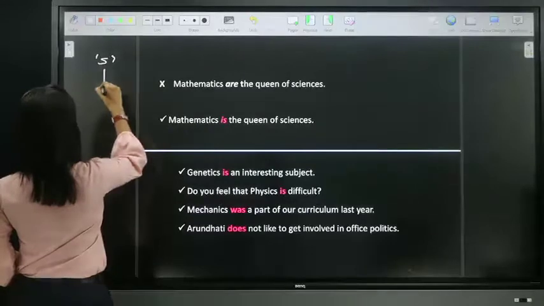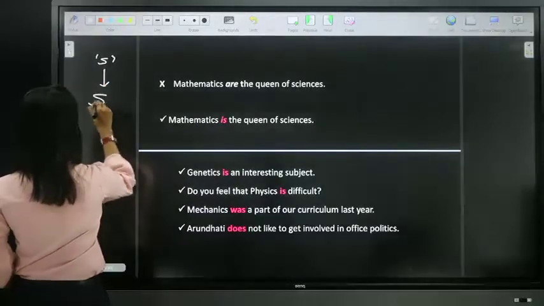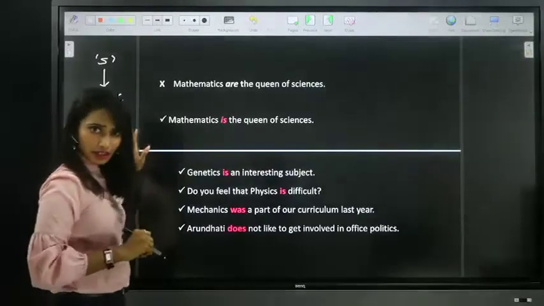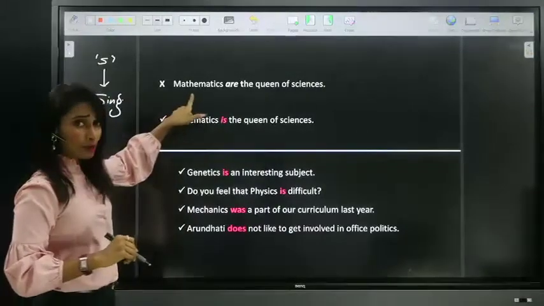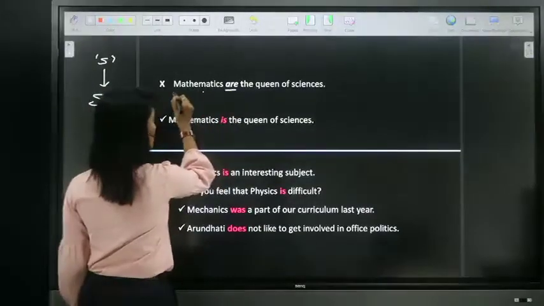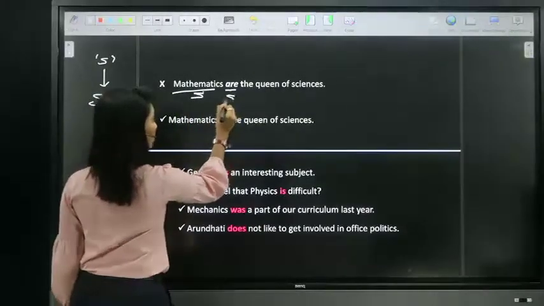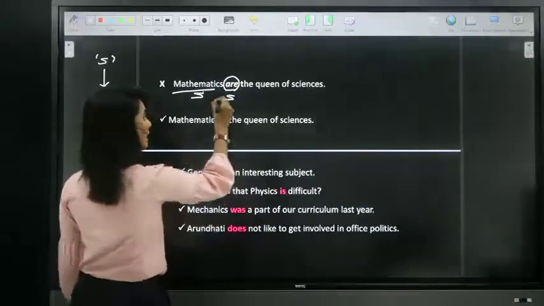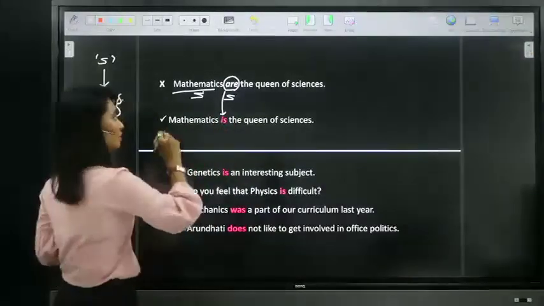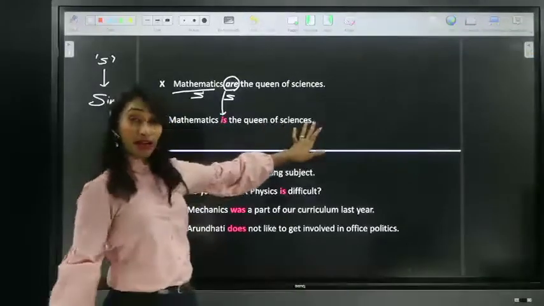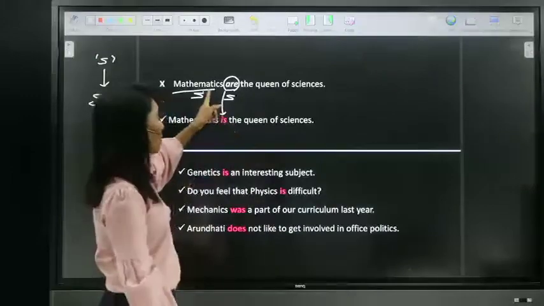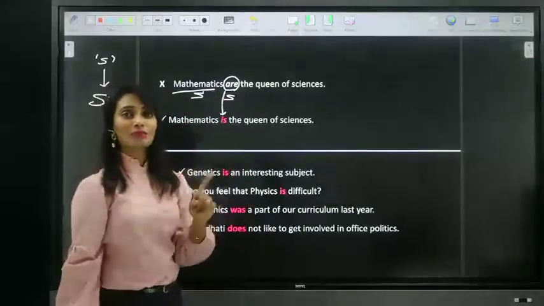Such nouns which end with S are considered singular entities. So, is mathematics singular or plural? It is singular. So, a singular subject requires a singular verb. But here the verb is plural. Hence, make it singular. Use is. So, mathematics is the queen of sciences because mathematics is singular. Though it ends with S, it is not plural.